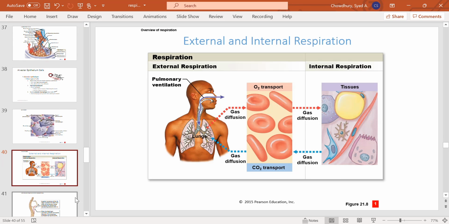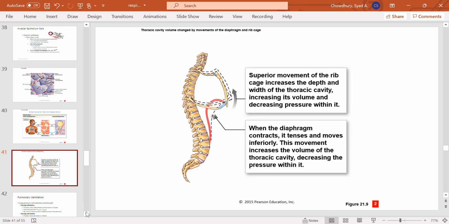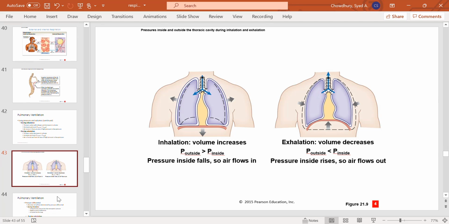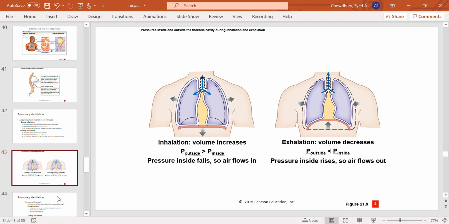then we'll quickly go over the mechanism of breathing, how the breathing takes place. To understand the breathing, you have to understand three pressures. Inside the lung, you have a pressure that is called intrapulmonary or intraalveolar, same thing, pressure.